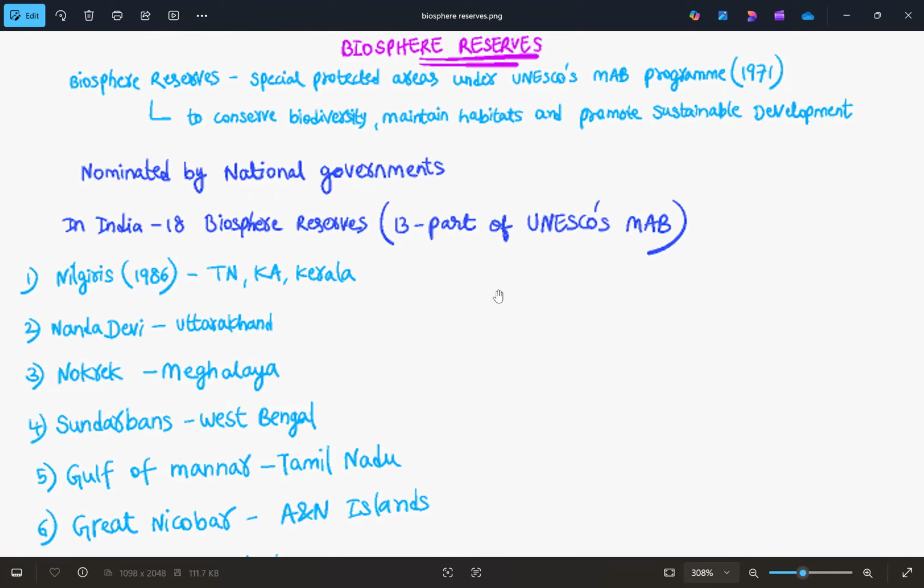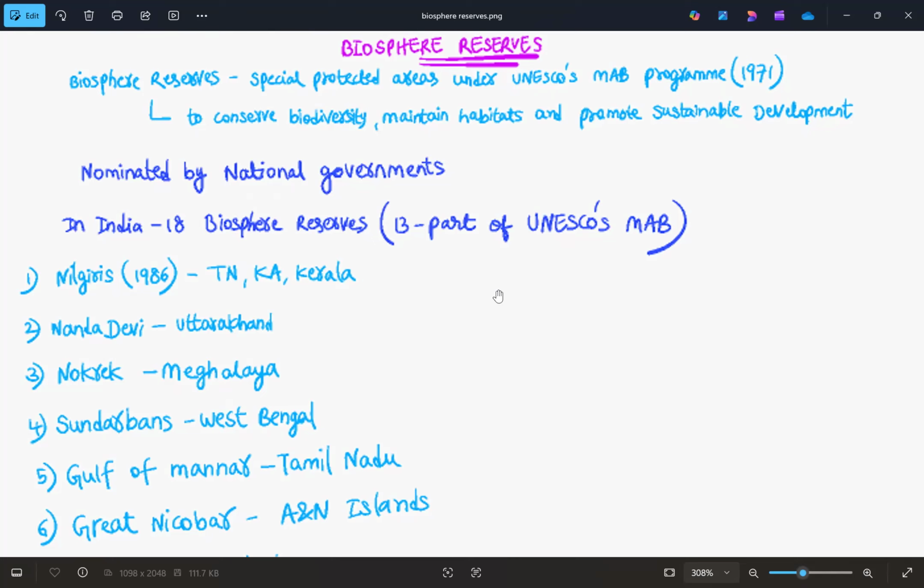Now, who nominates these biosphere reserves? Although these come under the network of global level, the biosphere reserves are nominated by national governments. In India, we have 18 biosphere reserves, nominated by the national government. Some of them are included in UNESCO's Man and Biosphere program.